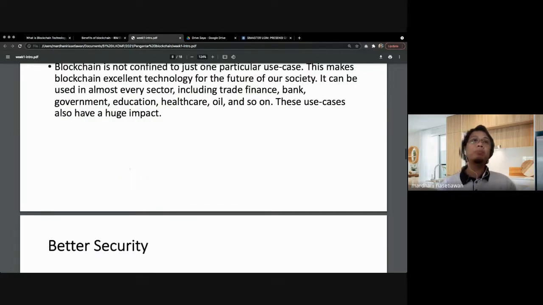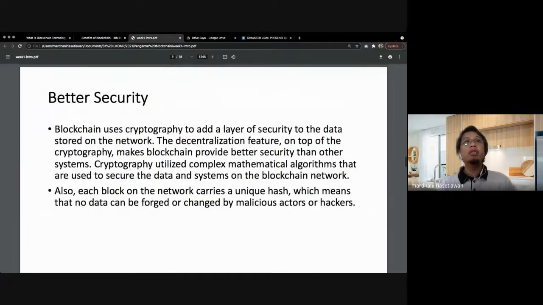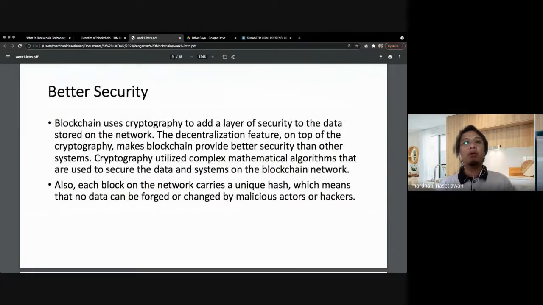And then, the better society, because I think I already said to you that blockchain uses cryptography to add a layer of security to the data stored in the network. So that is also a different perspective on computer security, network security, or data security. When using blockchain, the security will be decentralized, and we also use a high level of cryptography.